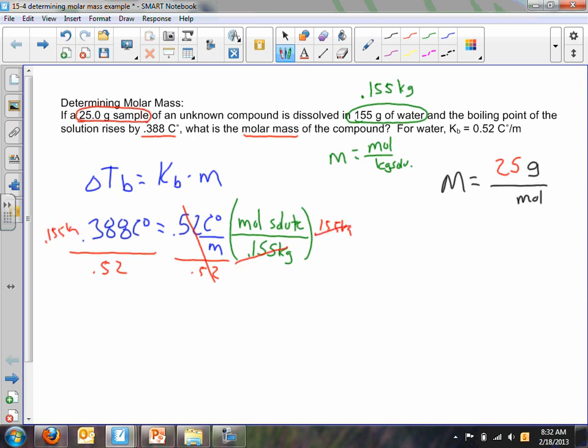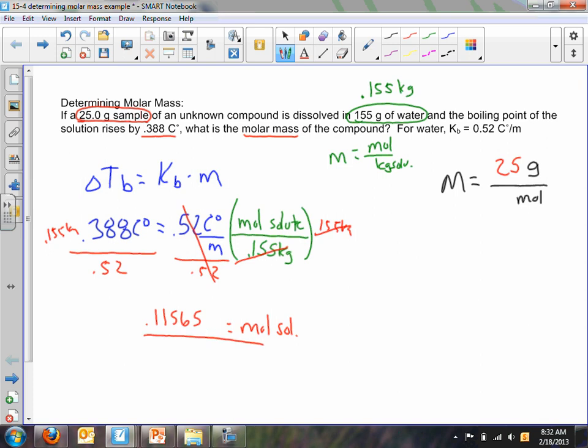So they're gone, and I'm left with moles of my solute equaling 0.388 times 0.155 divided by 0.52, and that is 0.11565.